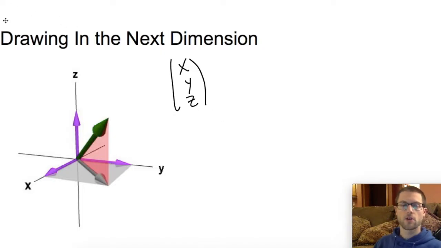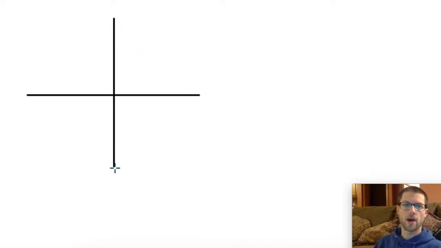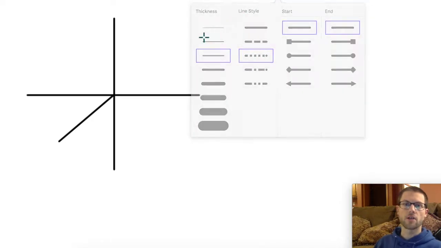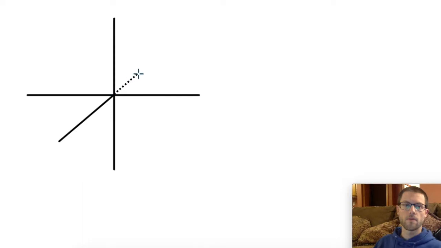So this is something I want you to try drawing along with me here. I'm going to make just a new blank page, and I'm going to set up a set of axes. So let's do something like this. We have our y, we have our z, and then our x is the one that comes out of the page, and then I'm actually going to switch over to a dashed or dotted line that goes into the page.